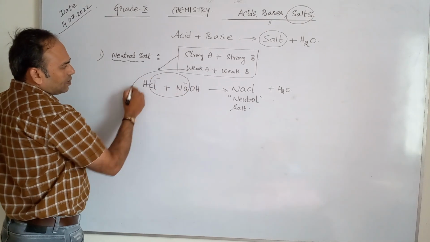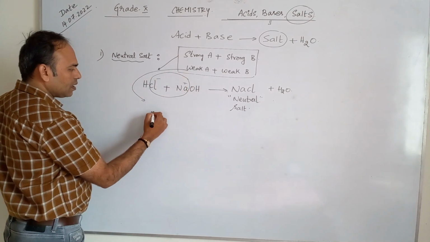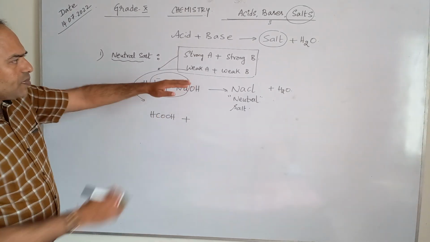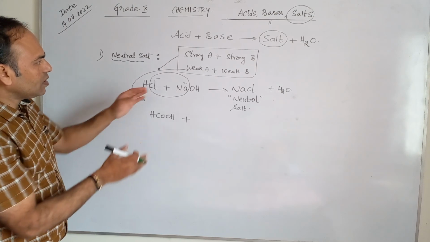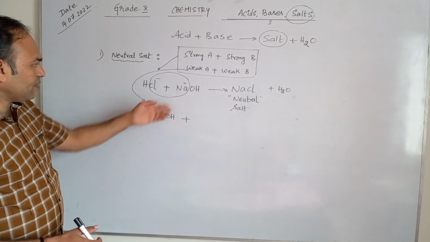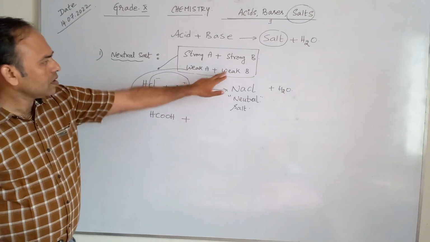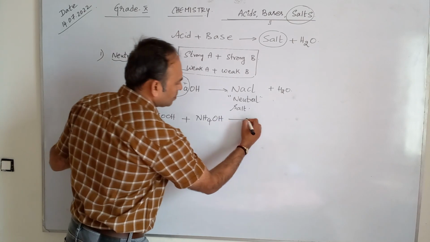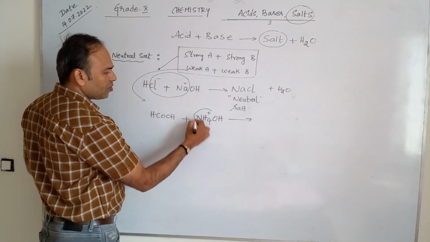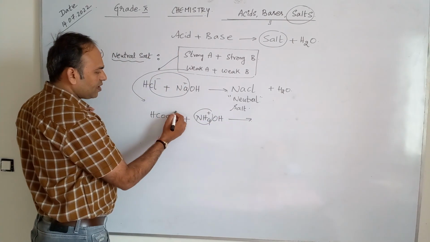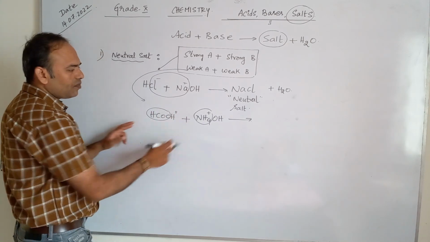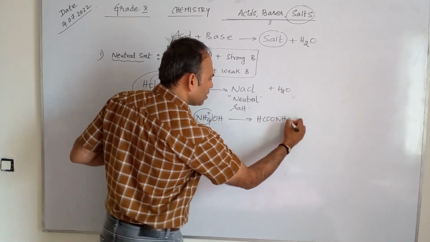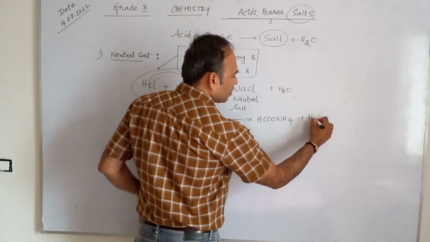Now, second example, weak acid. Let us take formic acid as an example. Just now we have discussed in the previous slide water, strong acids, weak acids, like that. And from that weak acids I took this. Now the weak base, ammonium hydroxide, again NH4 plus, and here we have H plus and HCOO minus. So we got HCOO minus NH4 plus and water.